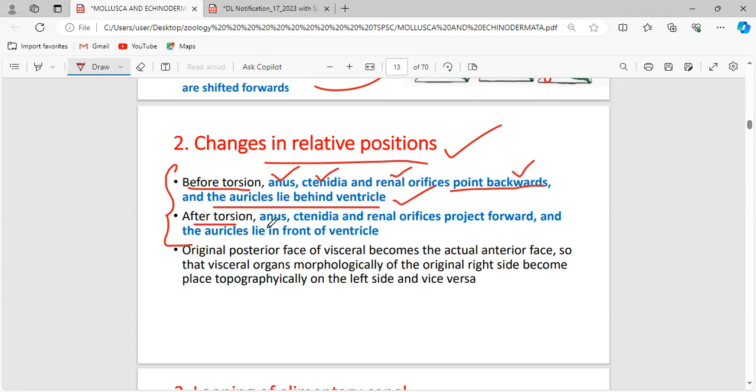After torsion, anus, ctenidia, and renal orifices project forward in the anterior position, and the auricle lies in front of the ventricle. These are the exact locations before and after torsion. Okay, these points are not even necessary. If you remember this point, it is sufficient.